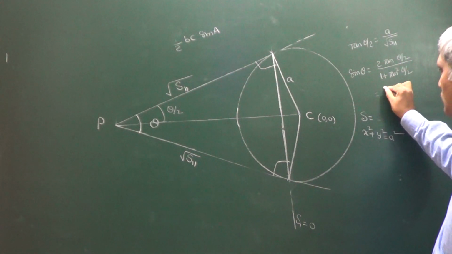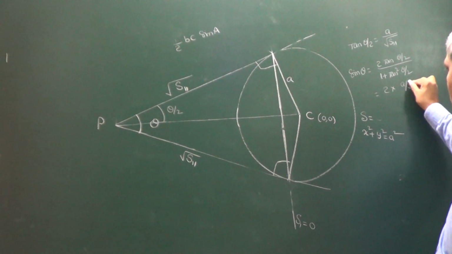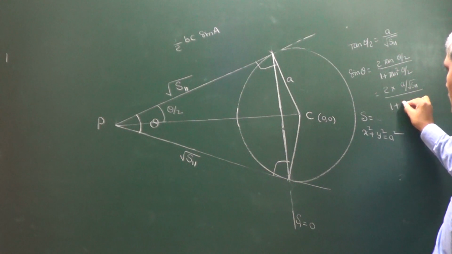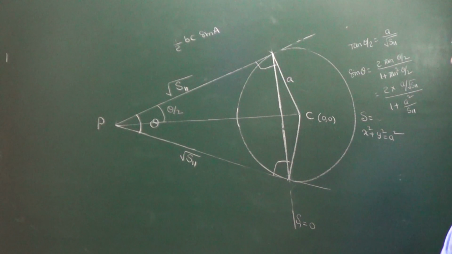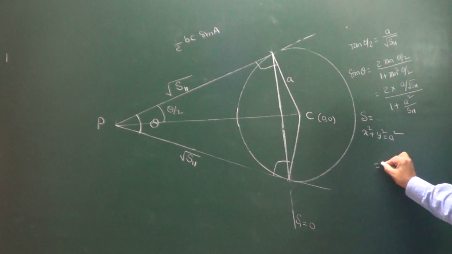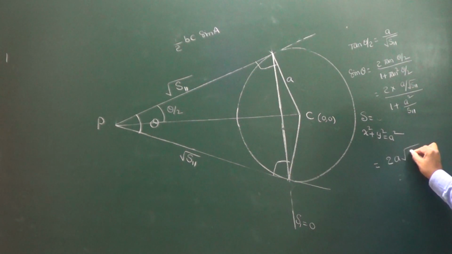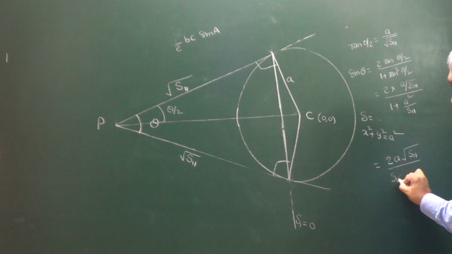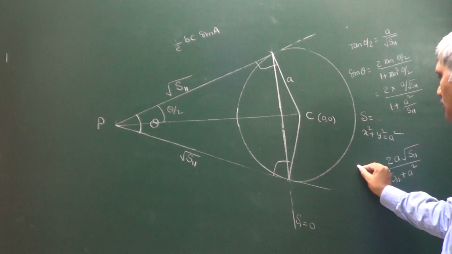Now I can write this as 2 into tan theta by 2 replaced with a by root over s11, divided by 1 plus a square divided by s11, right? Now what about this simplification? We can do it like this: 2 times a into root over s11 by s11 plus a square. That is the value of sin theta we got.